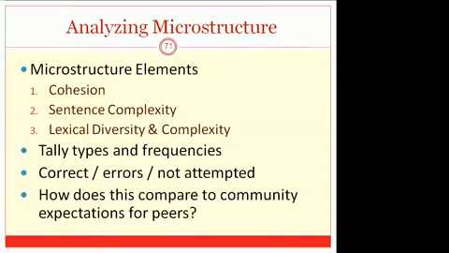Those would be cohesion, sentence complexity, and lexical diversity and complexity. When we look at those microstructure elements, for each element, we will want to analyze microstructure by tallying the types and frequencies with which those elements occur within the narrative sample.